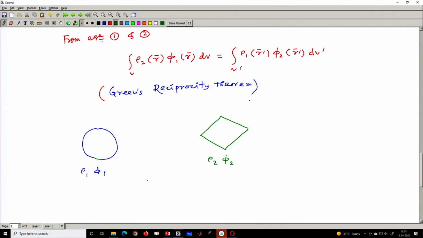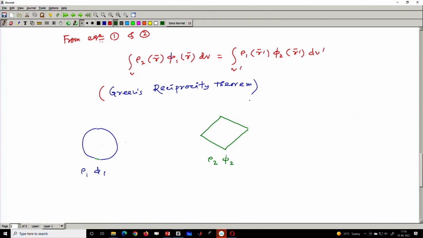If I do the opposite, that means if I calculate at some point r prime the potential due to the charge distribution rho 2, and then multiply by the charge density at that point and integrate.